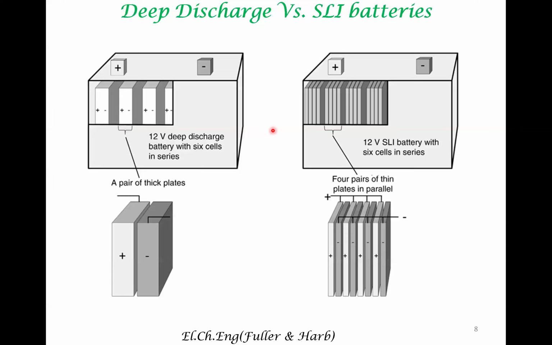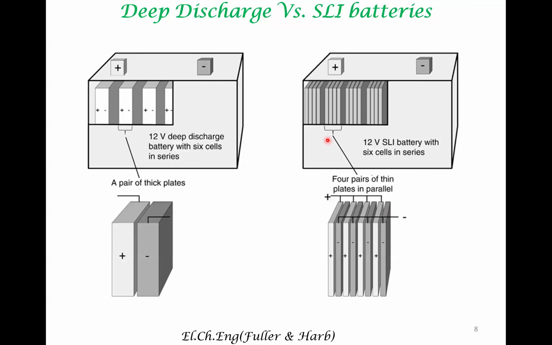As opposed to that, in the SLI battery, you have larger cross-sectional area, as well as very thin electrodes. This is the thin negative electrode, positive electrode, separator, and so on. These are arranged in parallel. There are 4 cells, 1, 2, 3, 4. They are arranged in parallel, and so on.